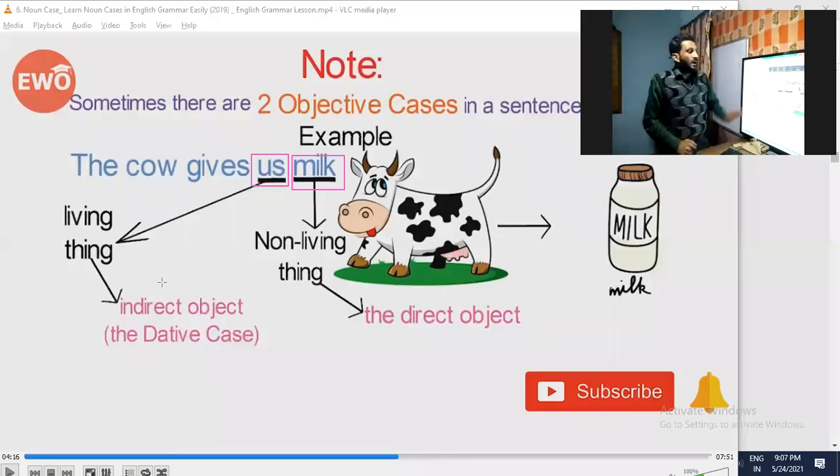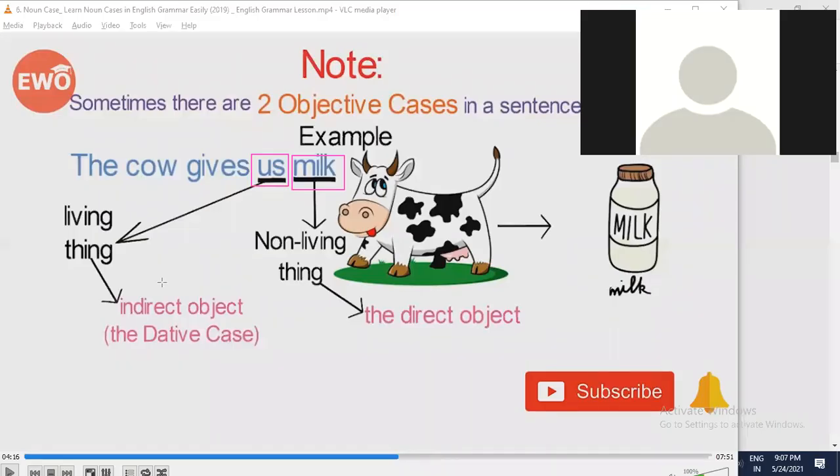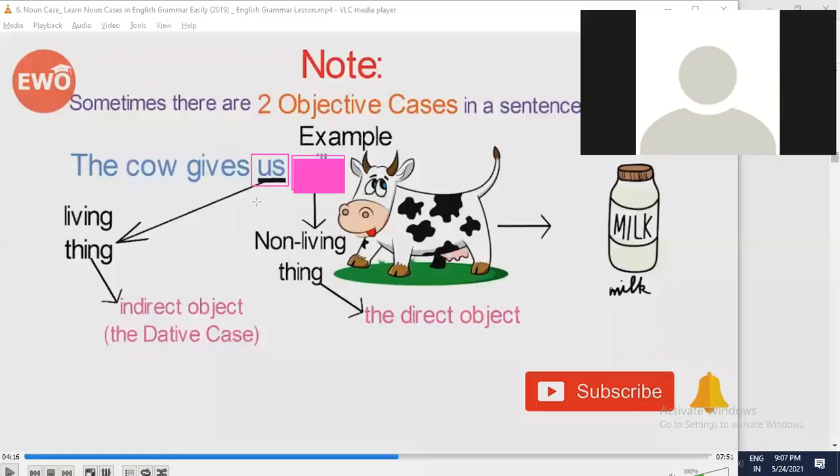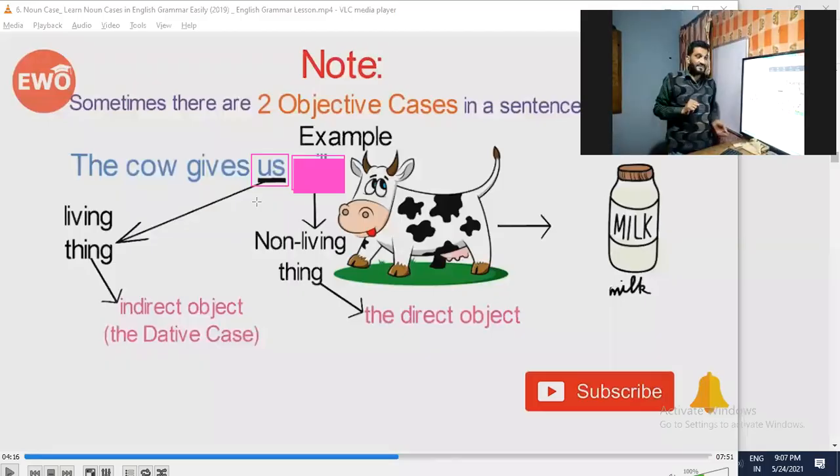Now, again, read this sentence. The cow gives us milk. अगर मैं डायरेक्ट ऑब्जेक्ट को हटाता हूँ, जरा आप पढ़िए. The cow gives us. Is it complete? No, sir. Complete or incomplete? Incomplete.